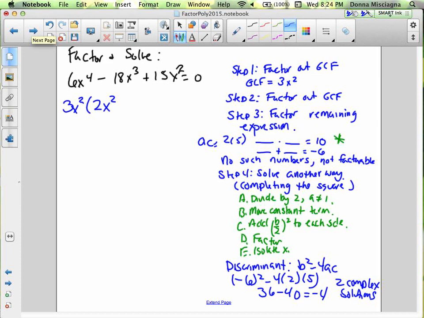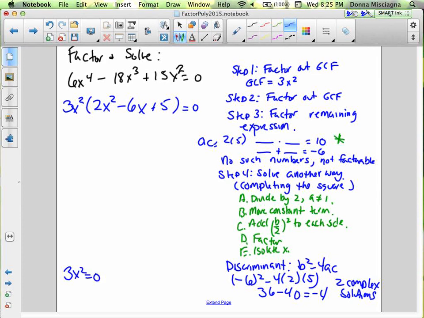X to the 4th divided by x squared is x squared. You just subtract exponents when you're dividing, and you add when you're multiplying. 18 divided by 3 is a 6. X cubed divided by x squared is an x. And then 15 divided by 3 is 5. X squared divided by x squared, we got more x squareds. Right? So we have one solution, we have the 3x squared.